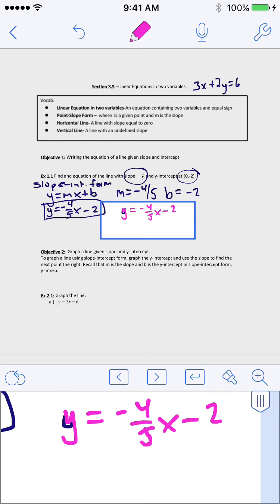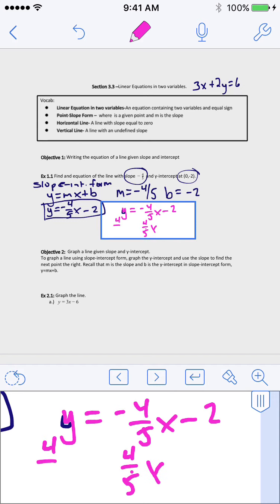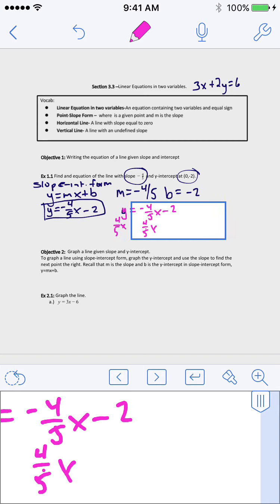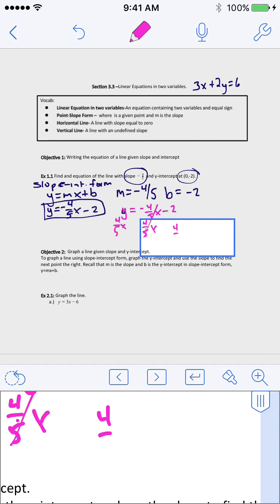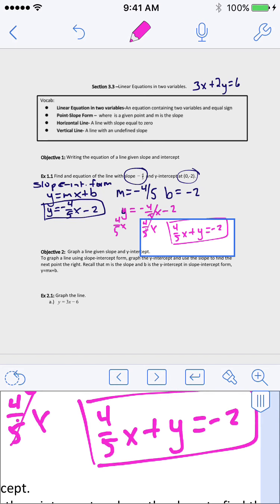We just need to move the 4/5 x to the other side by adding to both sides, so these two cancel each other out. We end up with 4/5 x plus y equals -2, and that would be our standard form.